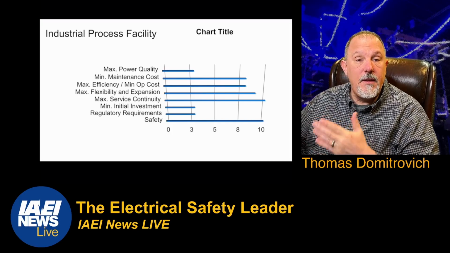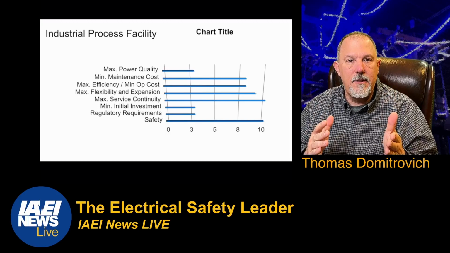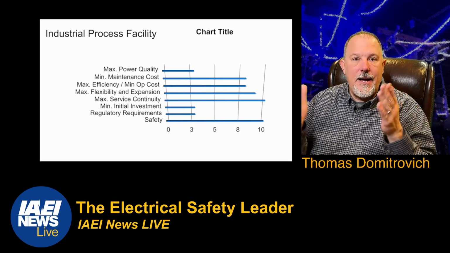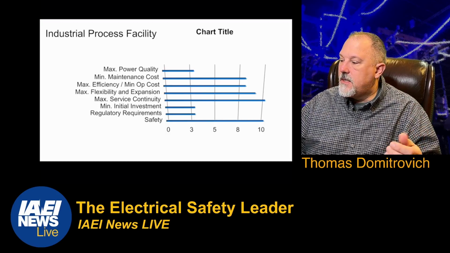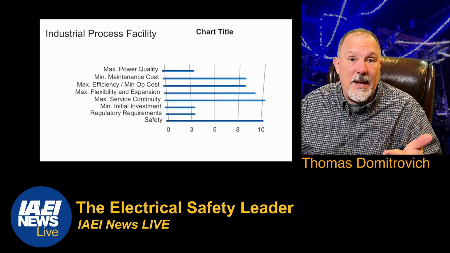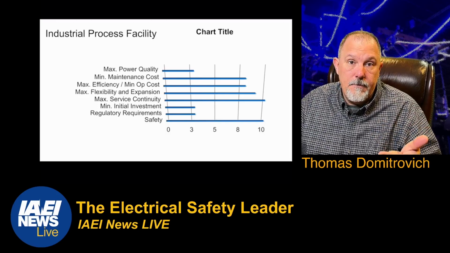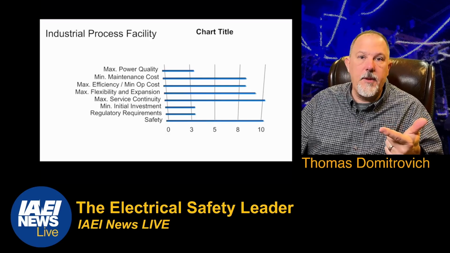These are important things to know, because if you have the mindset that, look, you are going to sacrifice something in safety, sacrifice something in expansion, flexibility. Maybe they said, look, I want busway installed because I want to be able to move this around.